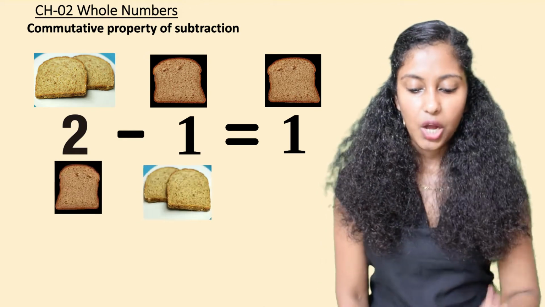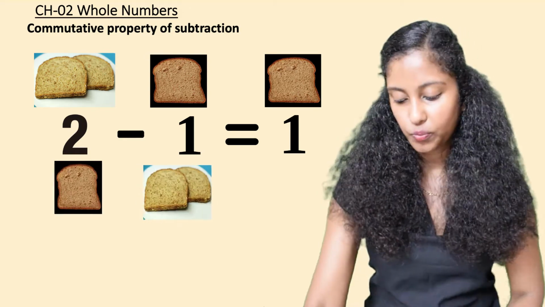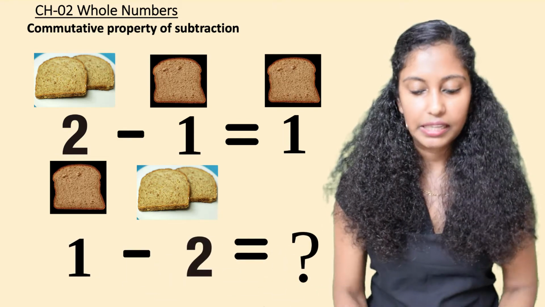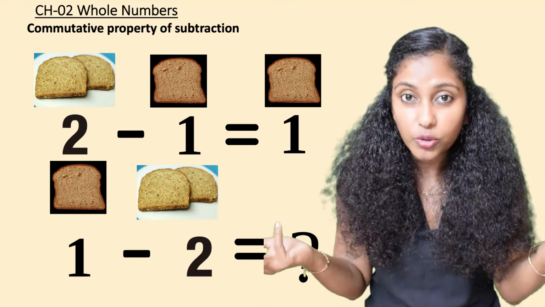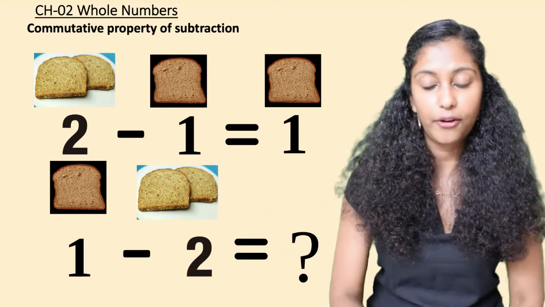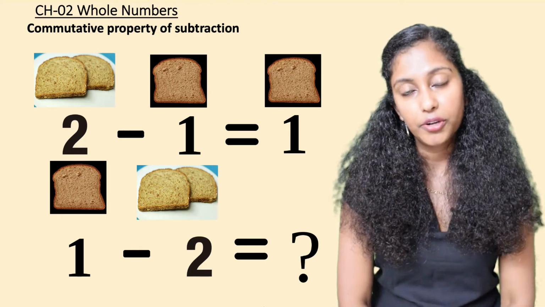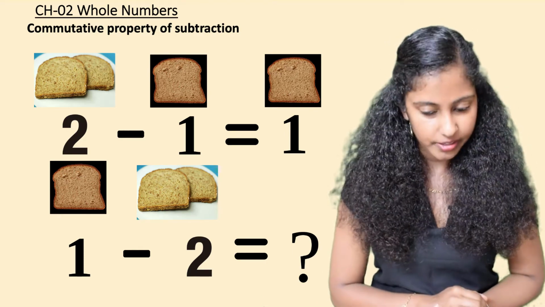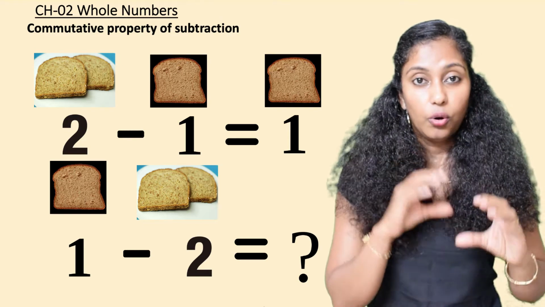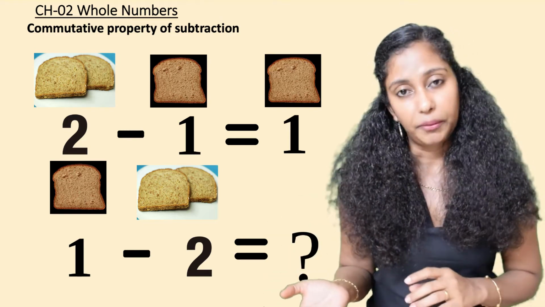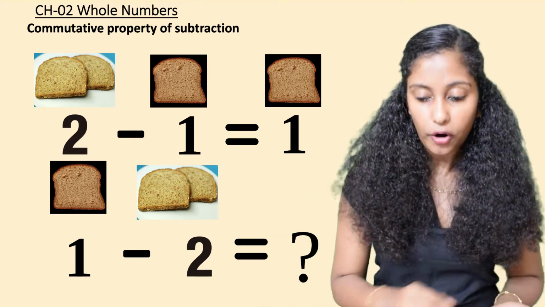Now we keep 1 minus 2. And then we see that 1 minus 2 is equal to question mark, because here we are not getting a whole number. So what we understand is that whole numbers cannot be subtracted in any order.